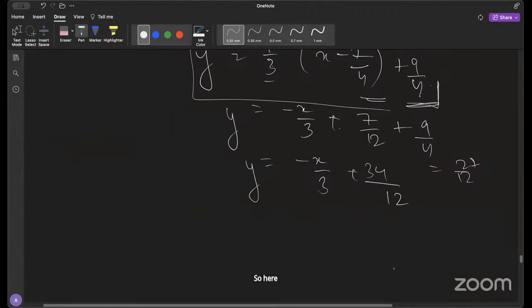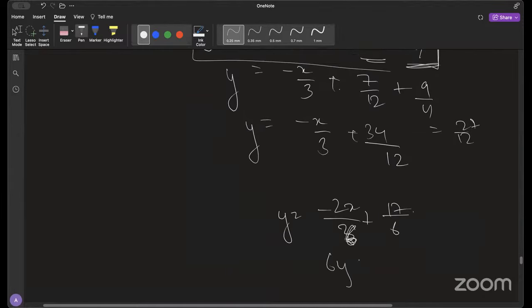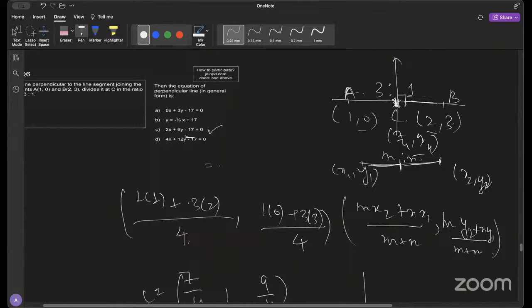So here you will have 17 by 6 minus 2x by 6, and y equals this. So this is 6y plus 2x equals 17. Yeah, so this option then.